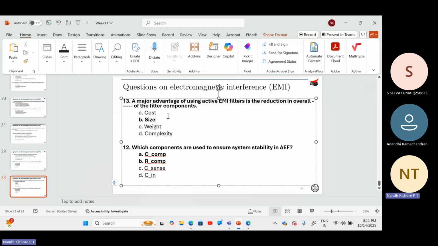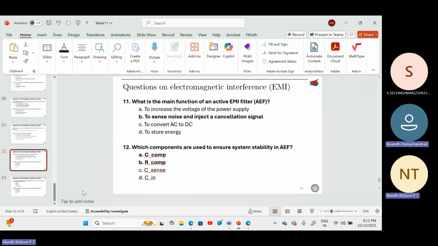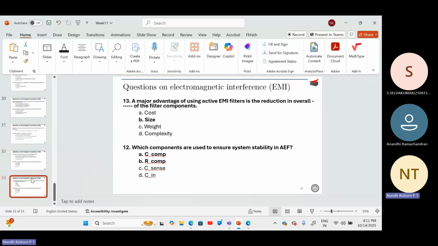You will know what is the cancellation signal to be injected, and only that much signal will be injected. You will not be having those bulky LNCs that you will design beforehand. Okay, so the answer is size. Obviously, if you go for size, then the weight will also decrease. But the option is only for a single option, so the answer is only size.